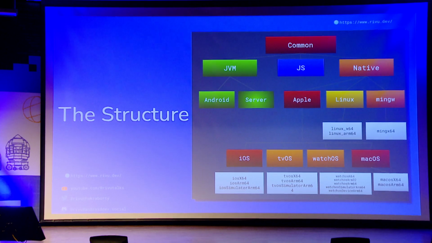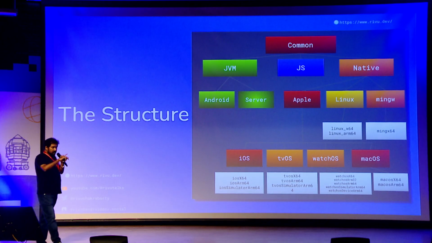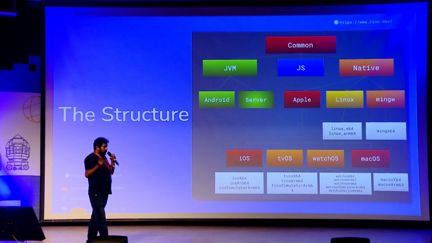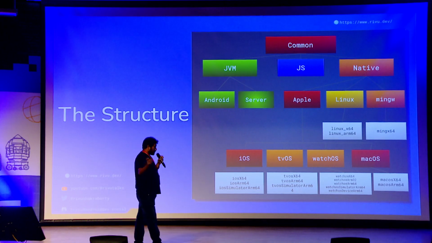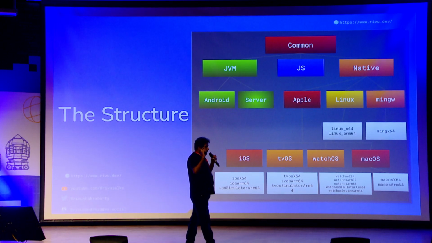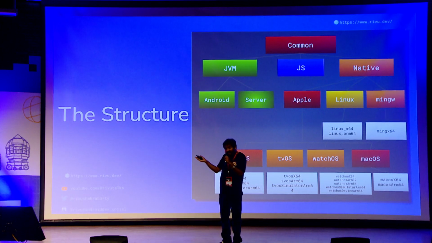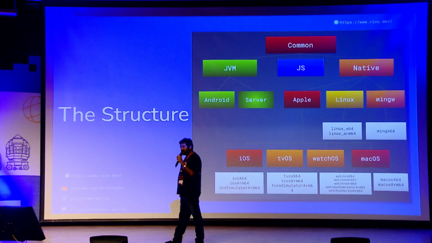Android and server-side development is done through JVM. JS is there, Kotlin JS. You can use it with any JS framework, be it Node, Next.js. Someone was very fan of Next.js here.